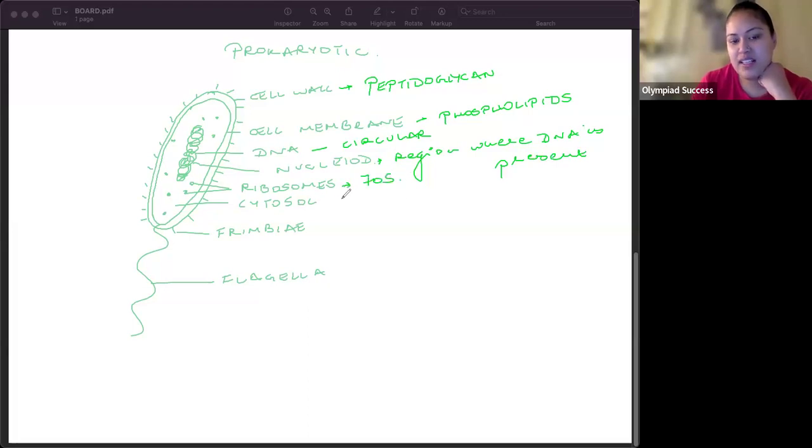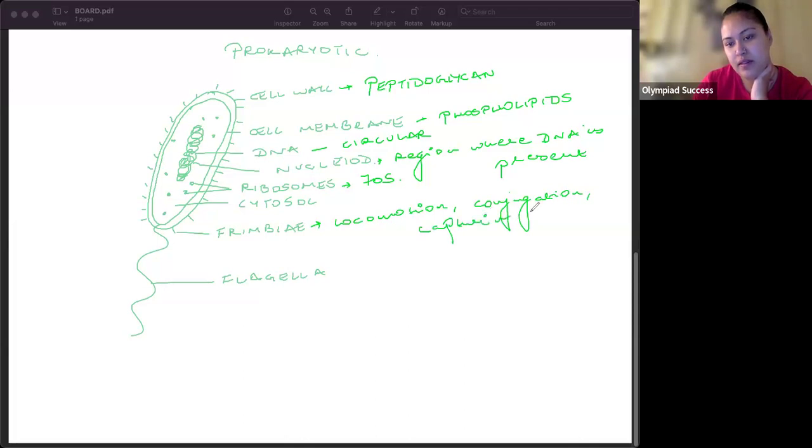Cytosol will have some enzymes. Fimbriae help in locomotion. It helps in conjugation. It helps in capturing food. And flagella will help in locomotion.